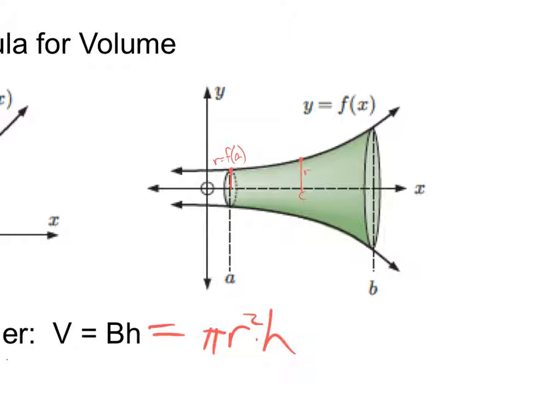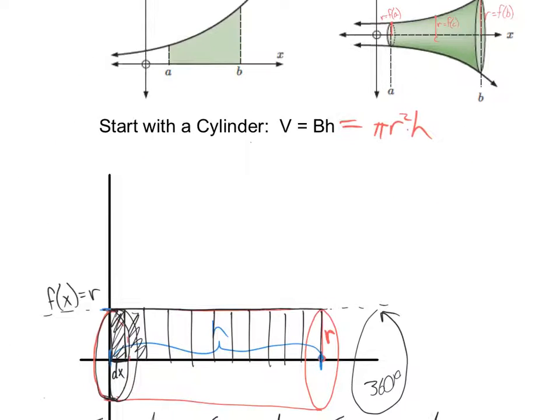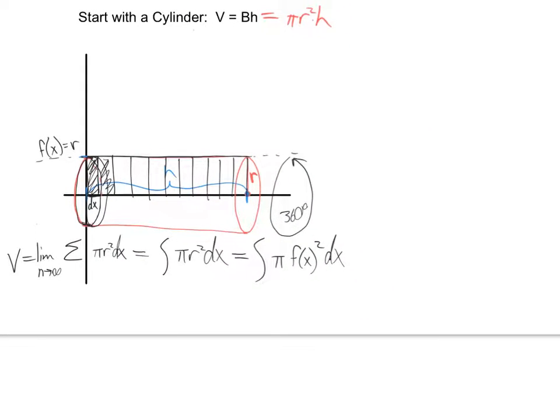The radius would be whatever f of c is. And over here at the end, the radius is whatever f of b is. Okay? So notice our radius is changing, but if we're looking at our volume in terms of this integral, it doesn't matter if the radius is changing.